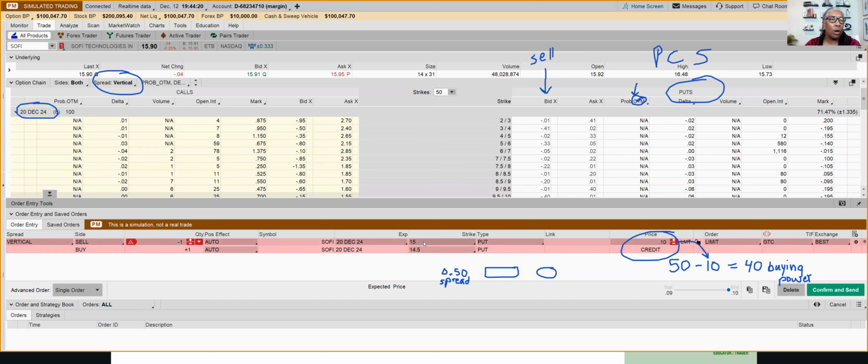We need to go lower than that. Remember, we went from the sale strike closest to current price, and then you go down and down. So I made it into a one spread, 14, 15.